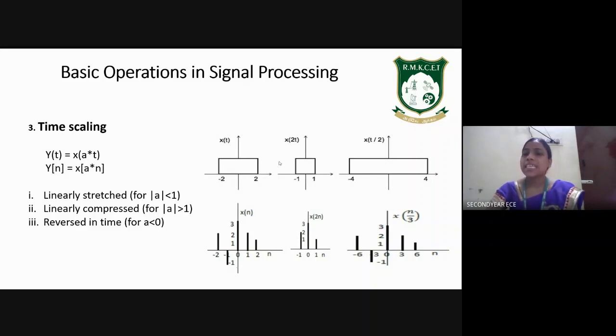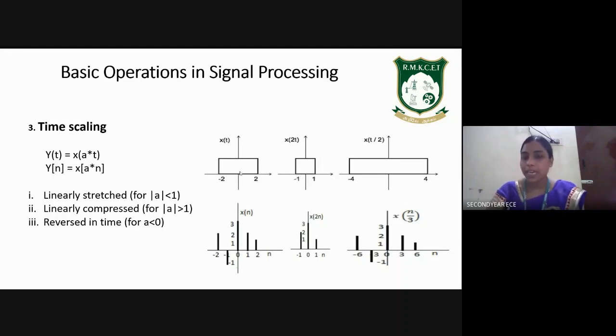The resultant signal, if we multiply a constant 2 which is greater than 1, will be linearly compressed. Is the compressed version visible?